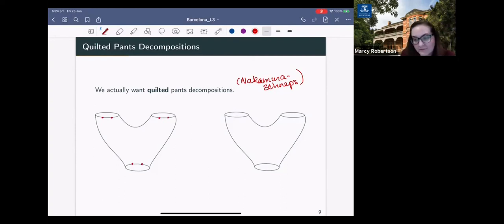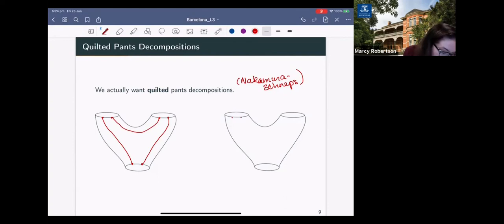You add 2 marked points, which we call vertices. And then between them we have 3 seams, so you can connect these seams in some way. So it's 2 marked points and 3 seams on each pair of pants, and that breaks up the pair of pants into 2 hexagonal pieces.